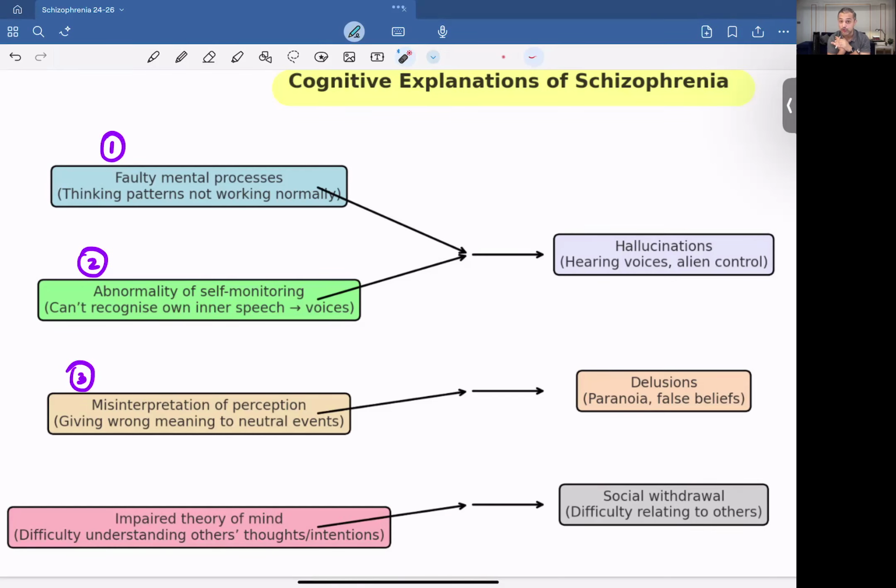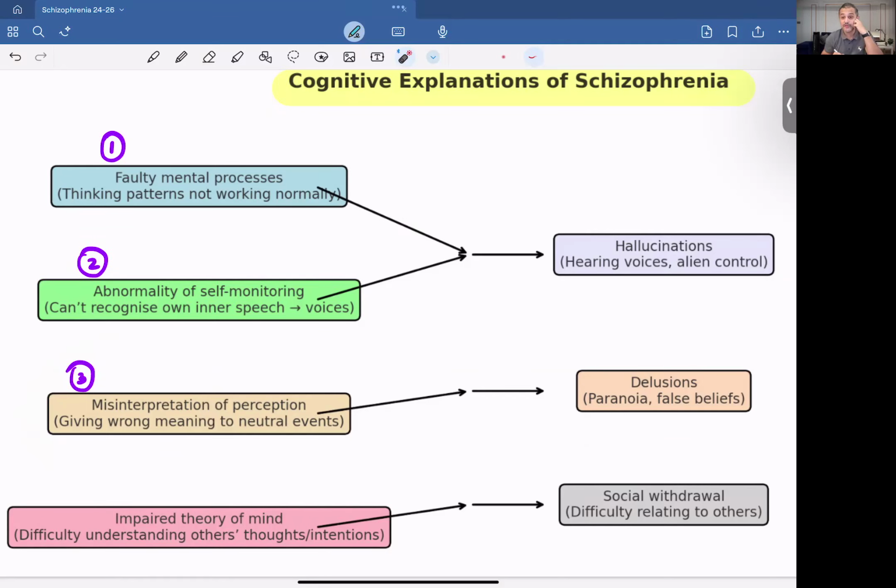I understand the study was conducted on a non-clinical population, but at the same time, we need to remind ourselves that the core idea was to have a better understanding about schizophrenia. So when we talk about misinterpretation of perception, in other words, when you are not able to perceive things the way they should be perceived, for instance, giving wrong meanings to neutral events.